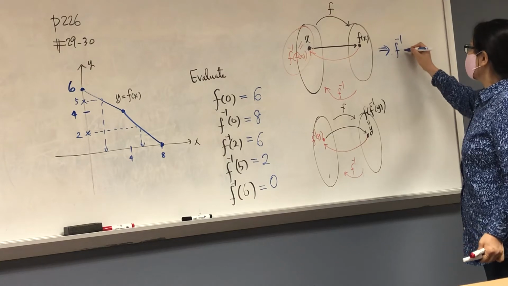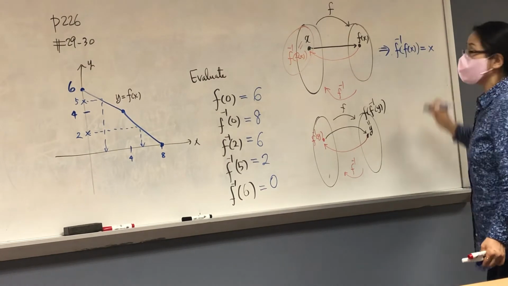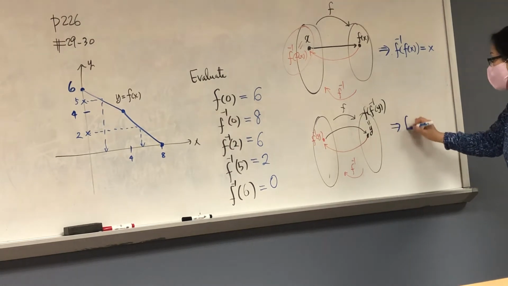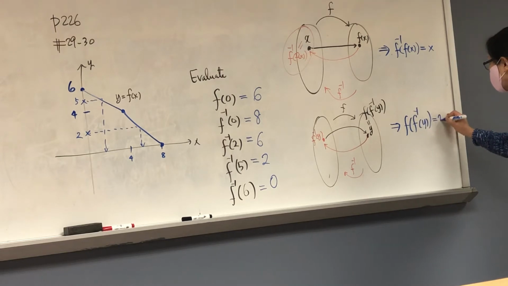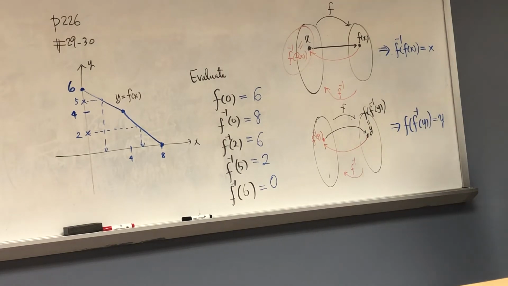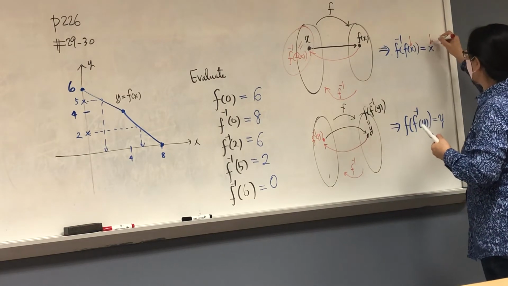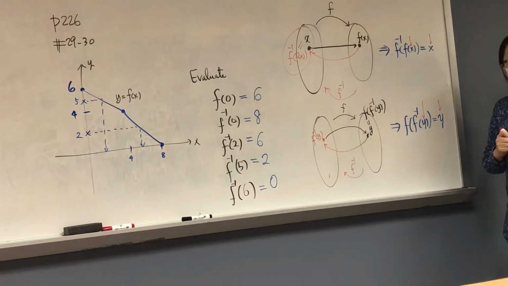What happened here? f inverse of f of x is equal to x. And here, f of f inverse of y is equal to y. Do you understand? So the starting point is x and the ending point is x. The starting point is y and the ending point is y.